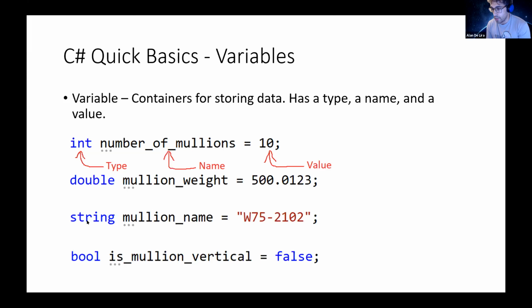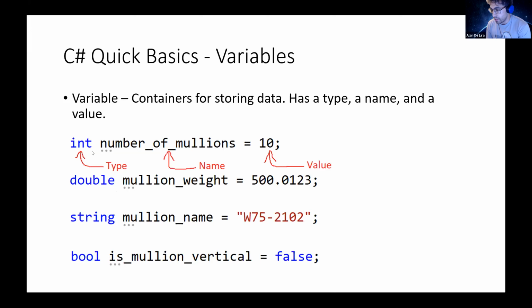Another type is called the string. In this case, we have a variable type string, a variable name mullion name, and it's storing a value of W752102. Basically, it can store any list of characters.